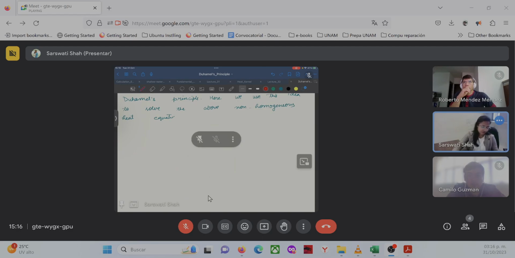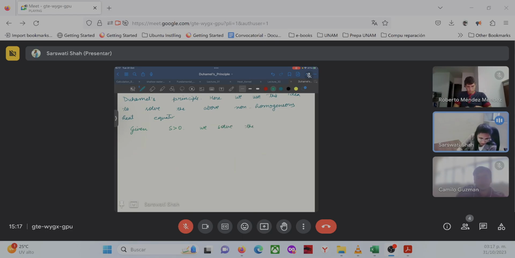So let's solve. Given s greater than 0, we solve the following homogeneous problem, and the initial data is now f of x comma s for x belongs to Rn.